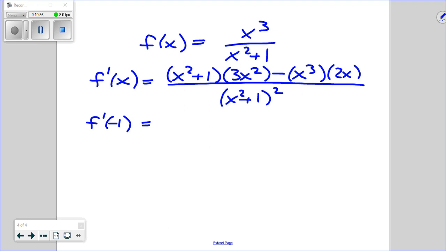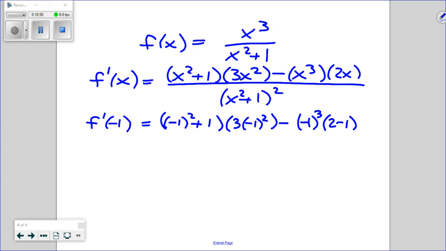So I'm going to have -1 squared plus 1 times 3 times -1 squared minus -1 cubed times 2 times -1 all over -1 squared plus 1 squared. Now I know that looks ugly, but let's just break it down. Okay, -1 squared is 1, 1 plus 1 is 2.